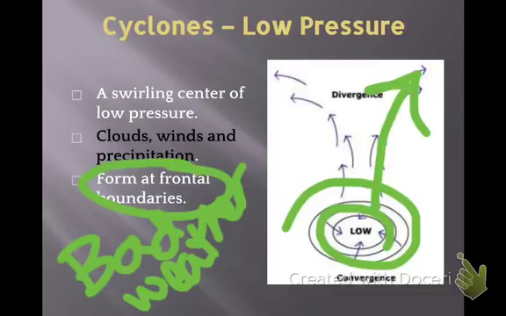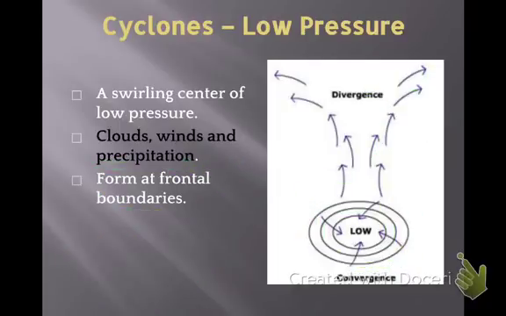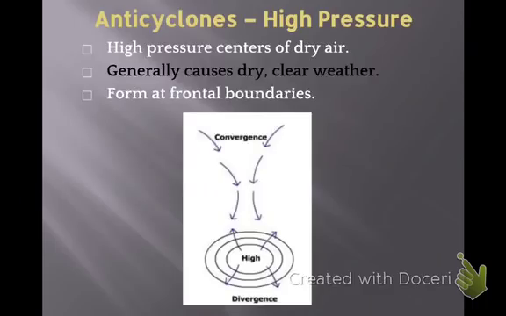Okay, so cyclones, also known as low pressure systems, we're probably going to refer to them always as low pressure, but you need to know that cyclone is also the same thing as low pressure. Okay? Low pressure brings bad weather. When you feel low, you feel bad. Low pressure, bad weather.